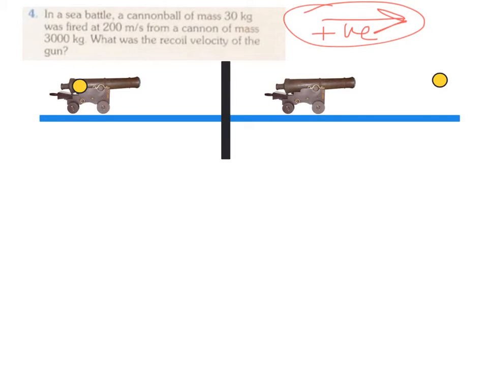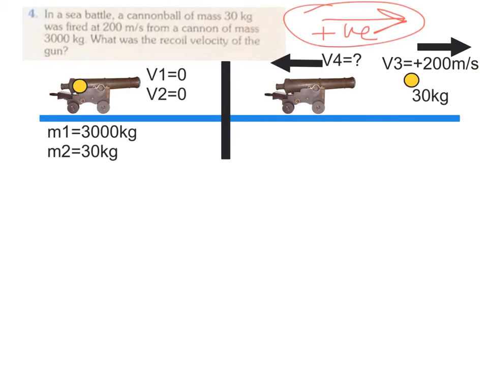So when I use any velocities, if they're in the forward direction, I will give them a plus sign. Now in the problem, we do know that the cannonball is moving forward with 200 meters per second of velocity. So we need to put that detail on.